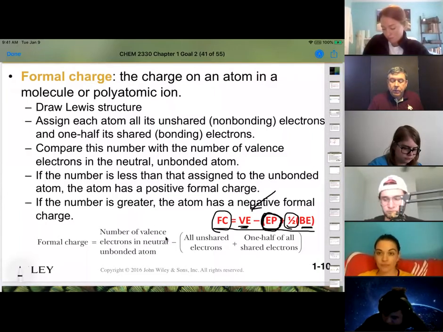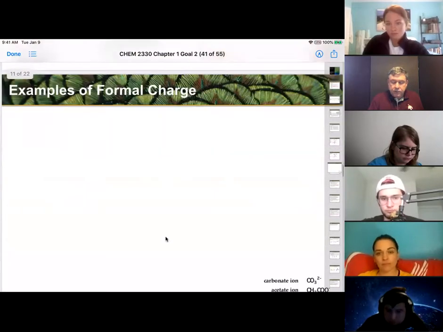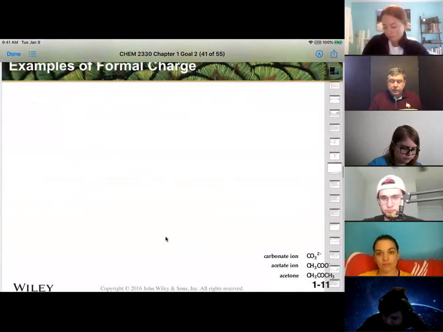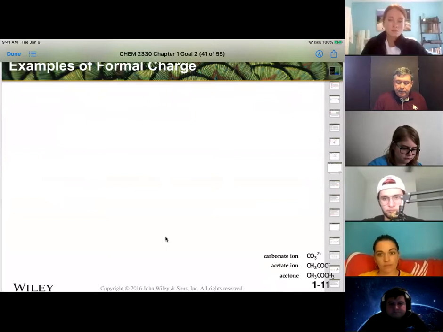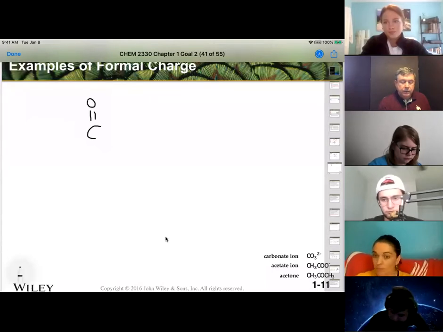So that's our equation, and what we're going to do on the next slide is use it a little bit. I have 3 examples I want to use to do formal charge. And the first step in our formal charge is to draw a Lewis dot structure. So I'm going to do these 3 examples here at the bottom. Let's start first with the carbonate ion, which is a carbon with a double bond to oxygen.